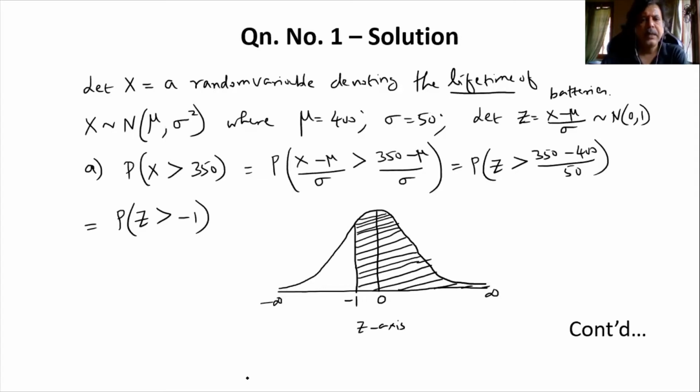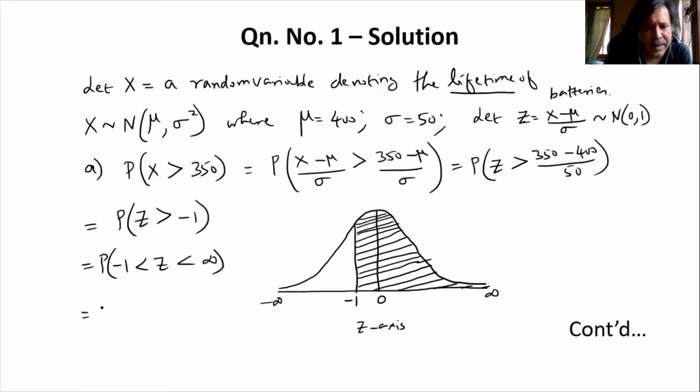Now I can rewrite this as probability of -1 less than Z less than infinity.